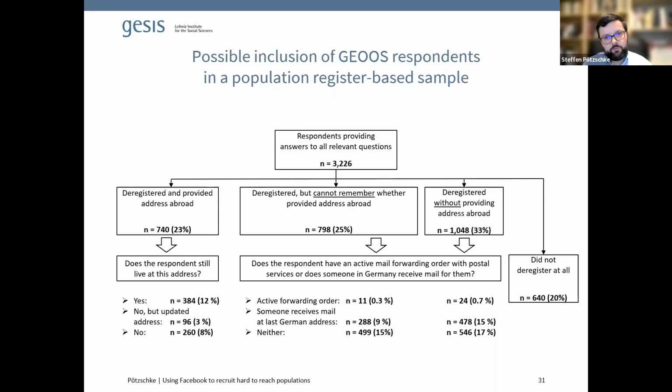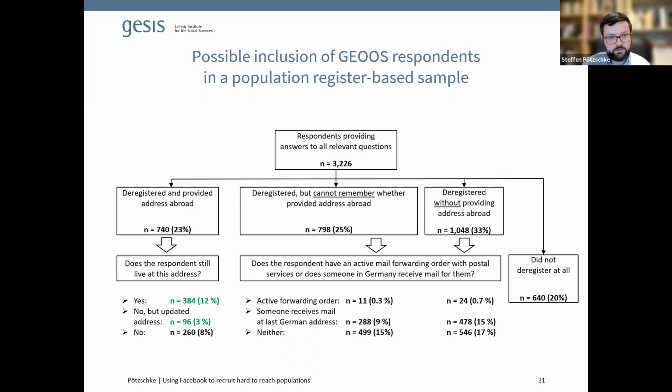So, if we look more in detail, you can see here to which degree our respondents would actually be included in the register-based sampling frame. What we basically did is we asked our respondents whether they deregistered with German authorities and whether they provided a new address abroad.